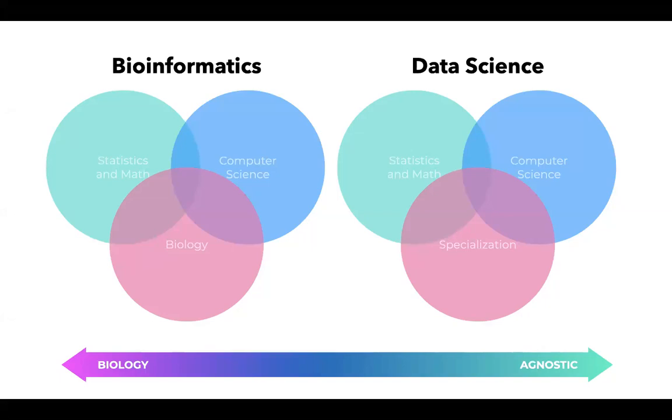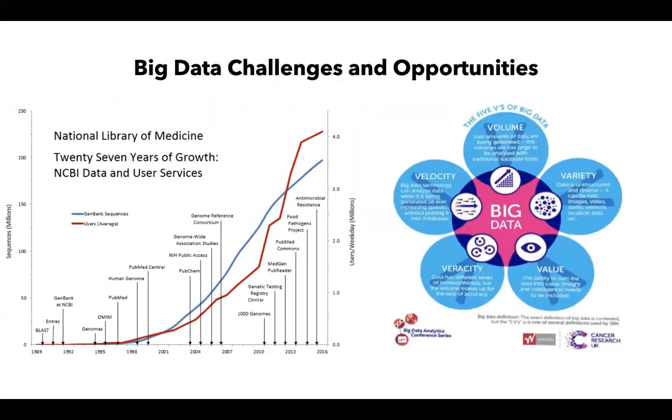Now, some of these skills are going to be very important also in application to biomedical research and biological research, which does fall under the domain of bioinformatics, so you will see a lot of overlap. Now, what are some of the data challenges and opportunities that are happening in biomedical research as we speak? Over the past 20 years, there has been a phenomenal growth in adoption of high throughput technologies like next generation sequencing, which is both more and more affordable and widely adopted.